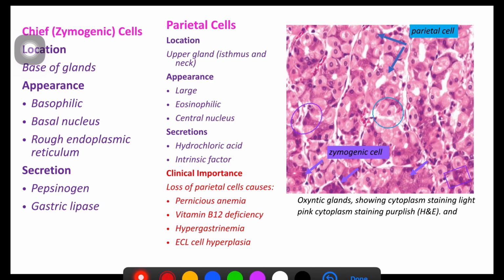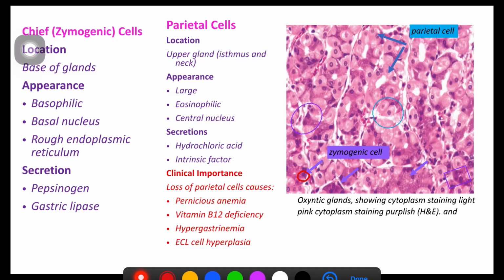So chief cells are located at the base of the glands, basophilic in nature, with basally placed nuclei. It is because of the high amount of rough endoplasmic reticulum and it secretes pepsinogen and gastric lipase.